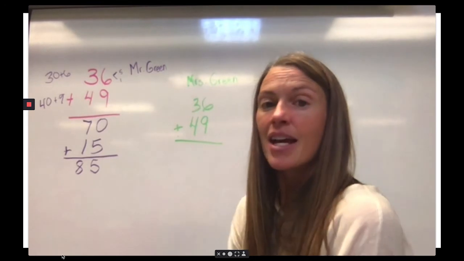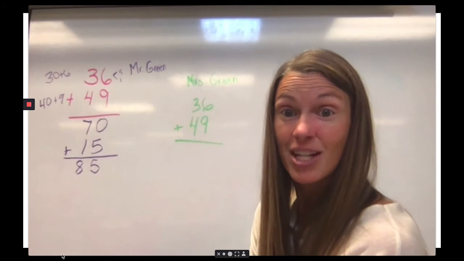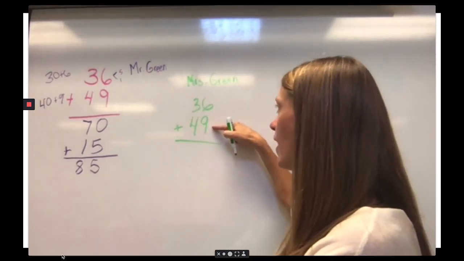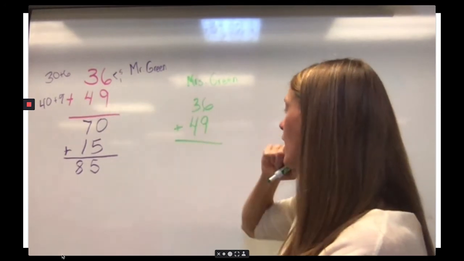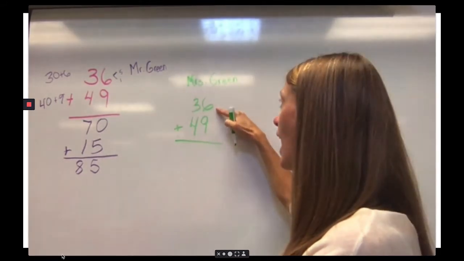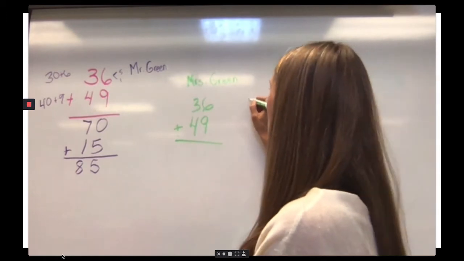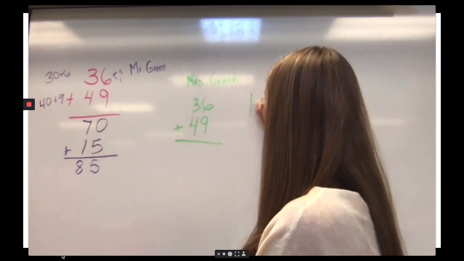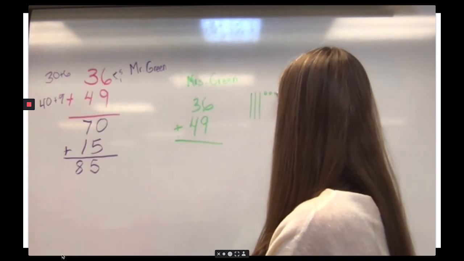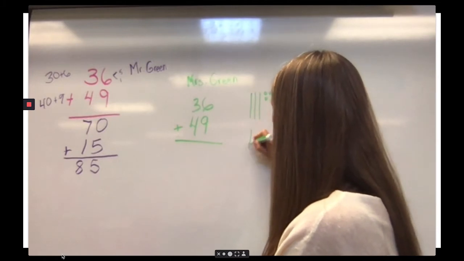She wants to figure out how many strawberries they have all together, or the sum. For her method, she starts in the ones place. She starts by adding the ones. So she's going to say, okay, we could do the same thing as we did here. I have 9 ones and I need to add 6 more. If I drew this out as a proof drawing, I might say I have 36 plus 49.